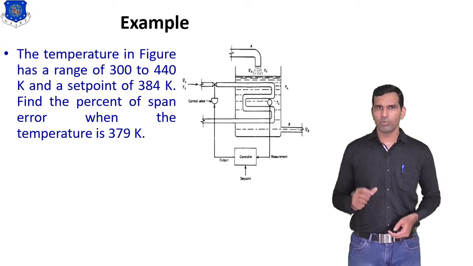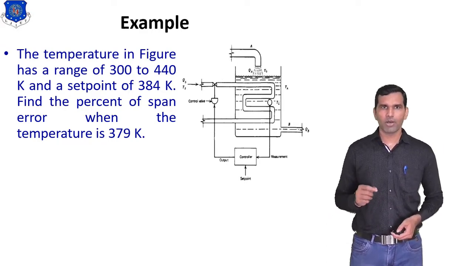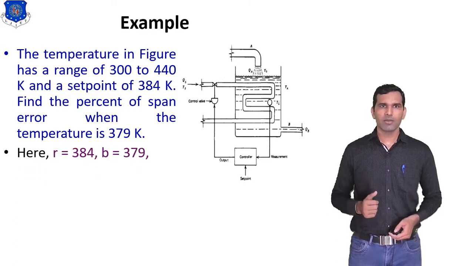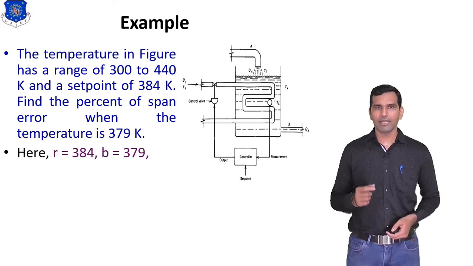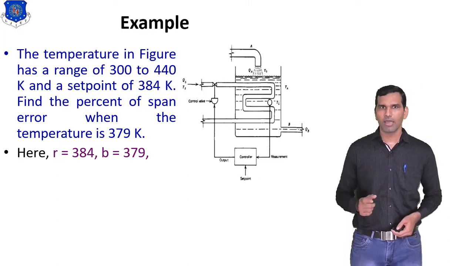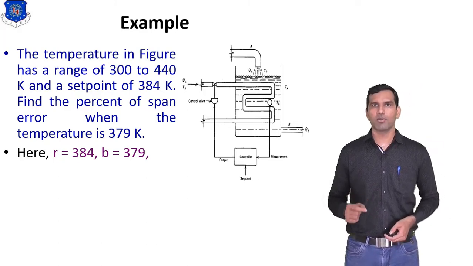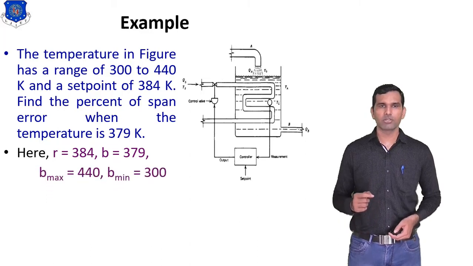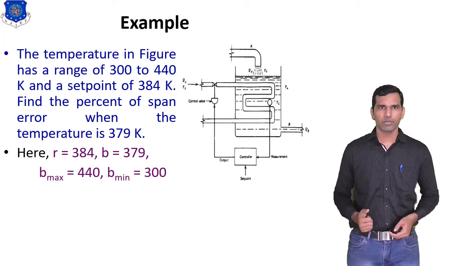So here we have to calculate the percent of span. Now in the example we are given R = 384 and B = 379, and Bmax = 440 and Bmin = 300.